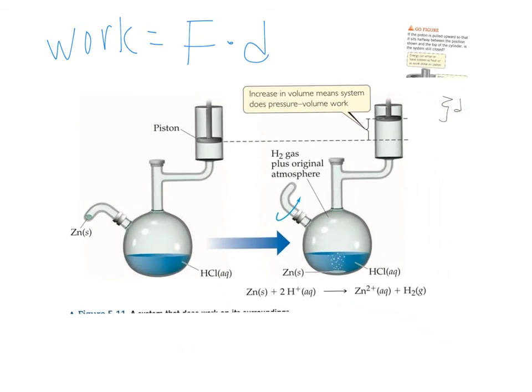Here I have zinc being put into this vessel, and there's hydrochloric acid in here, and they're going to react. This is a single replacement reaction, folks. You just were tested on this. This would be the full reaction, zinc solid plus 2HCl going to zinc chloride plus H2 gas.